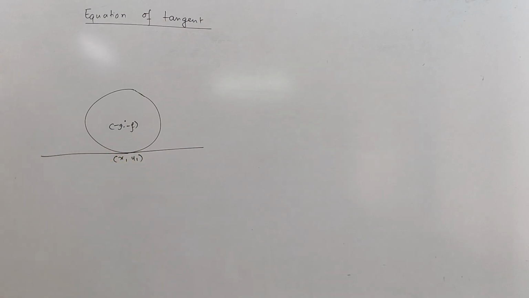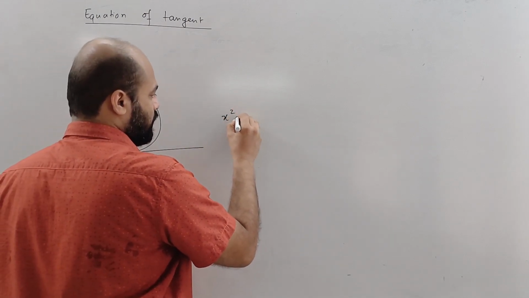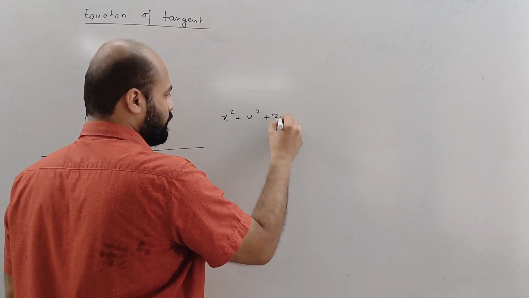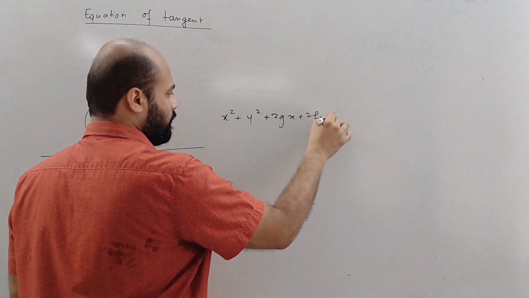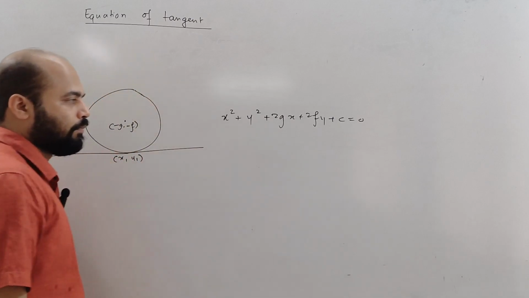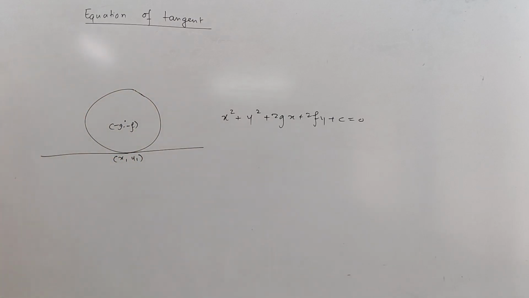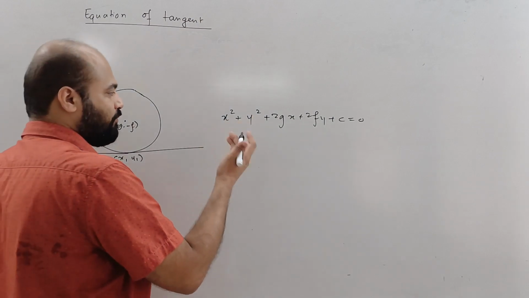Now fundamentally what happens is the equation of the circle would change and it'll become this. So whatever style we had written the last equation in, a similar style is going to continue except for the g and f terms.